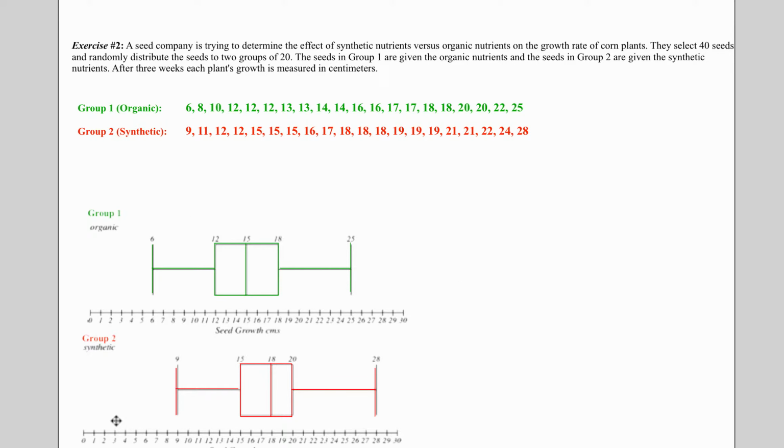So let's look at a different one. A seed company is trying to determine the effect of synthetic nutrients. Synthetic nutrients means we made the nutrients in a lab versus organic nutrients. So organics are something on your own. For example, in my garden I just planted, I put compost down on it.